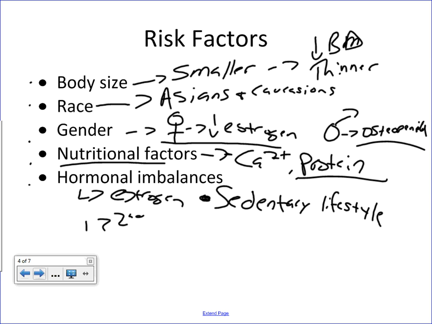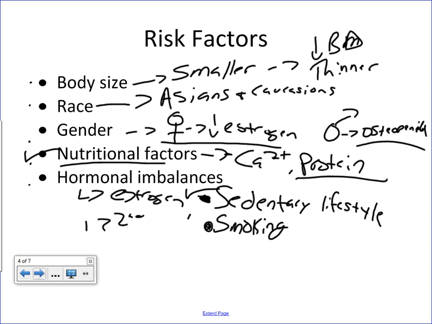Being a sedentary human is a good way to increase your chances of getting osteoporosis as well. So I'm glad I remembered to throw that in there. But again, which of everything I listed here are modifiable? Okay, the nutritional factors and the sedentary lifestyle are definitely factors that are going to increase your chances. And people say smoking causes everything, but I'll throw that in there.